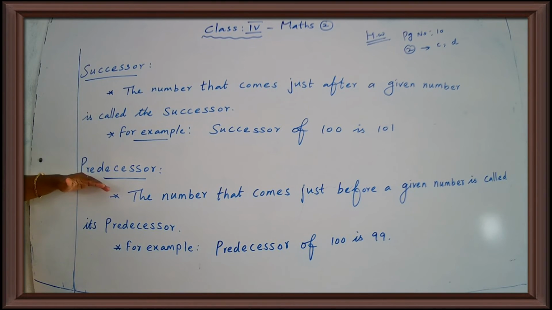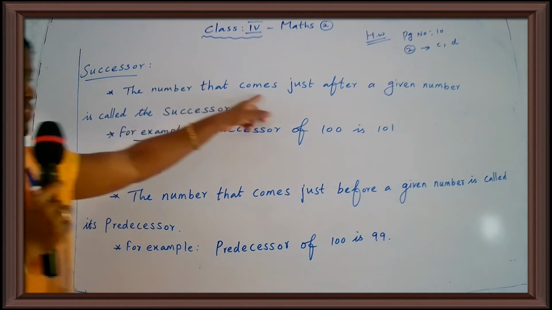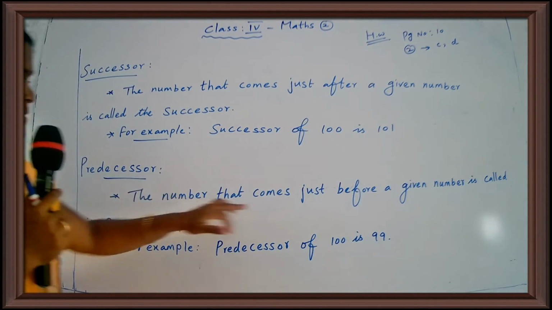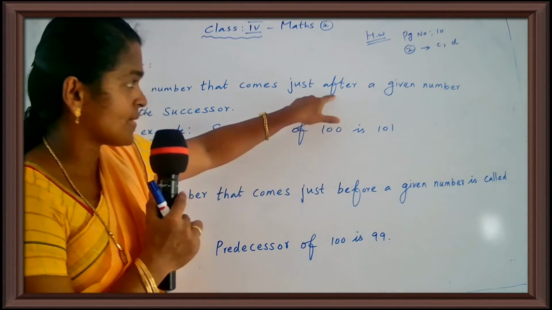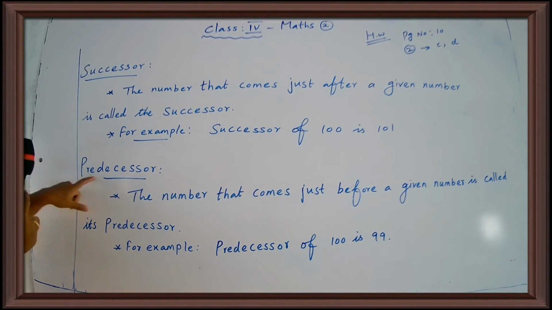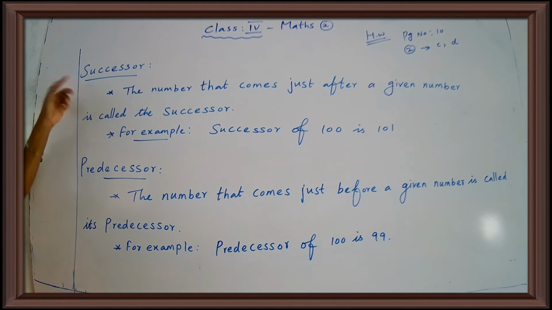Now predecessor. Predecessor means the number that comes just before a given number. Predecessor means before, previous. Predecessor, pre, before. Successor, that's after.